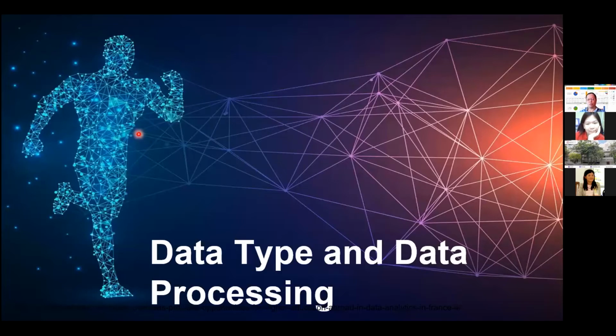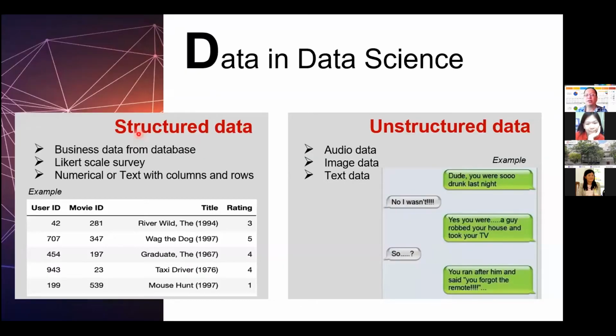Now, what kind of data can data science process? Okay. There are two main categories of data. The first one is called structured data. Usually the data is in a kind of table from a database, or survey data, or business data, data from ERP, from CRM, or from the sales records that a business collects.